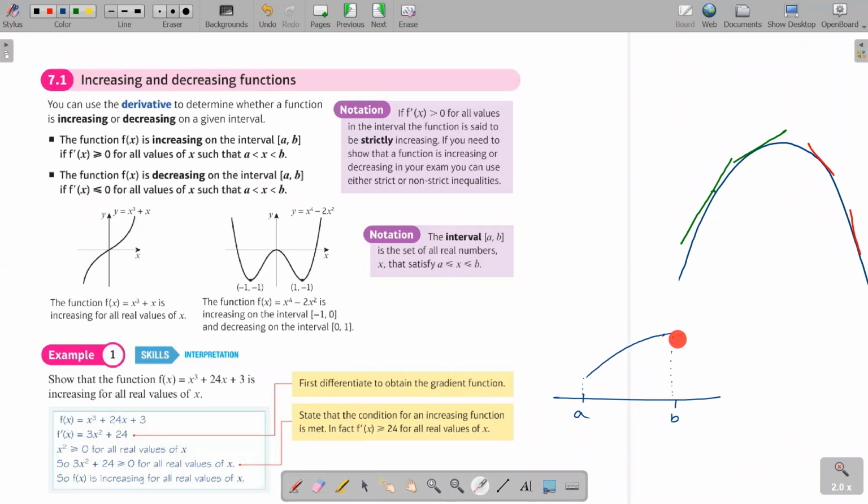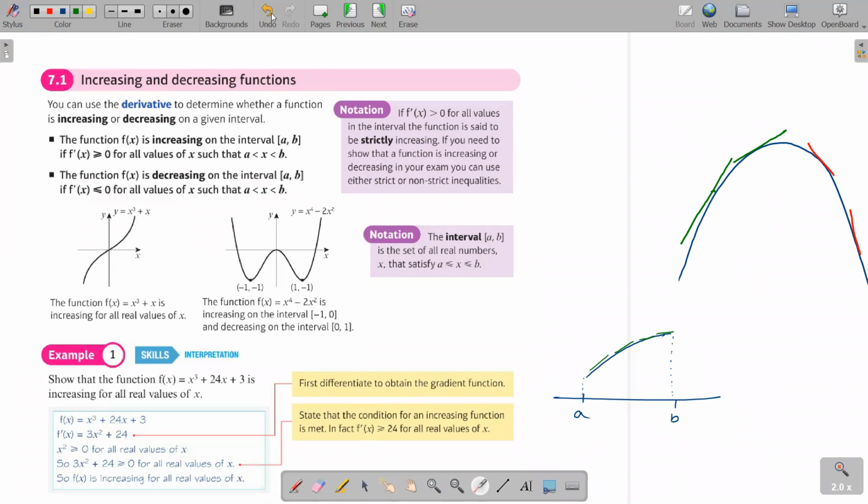Inside this interval a to b, the function f(x) is increasing if the gradient f dash x is greater than or equal to 0 for all values of x. If you draw the tangent, you get the gradient, right? The gradient must be positive for every single value of x in between a and b.